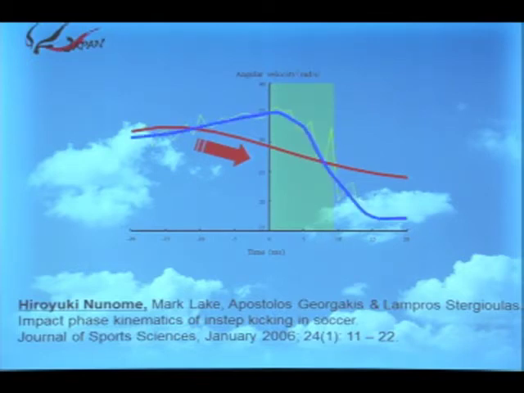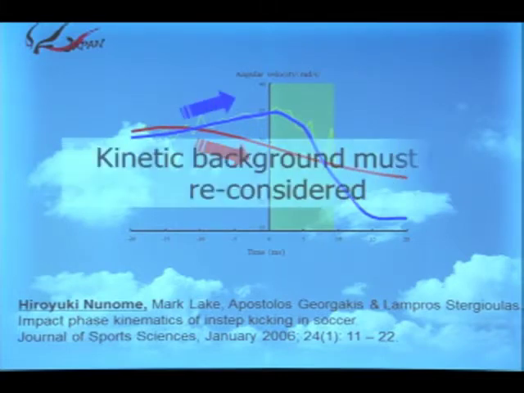Using a better filtering procedure, we finally got the true signals. The shank never decelerates before ball impact. After the ball impact, it finally decelerates. So we got a new kinematic background, and its kinetic background must be reconsidered.